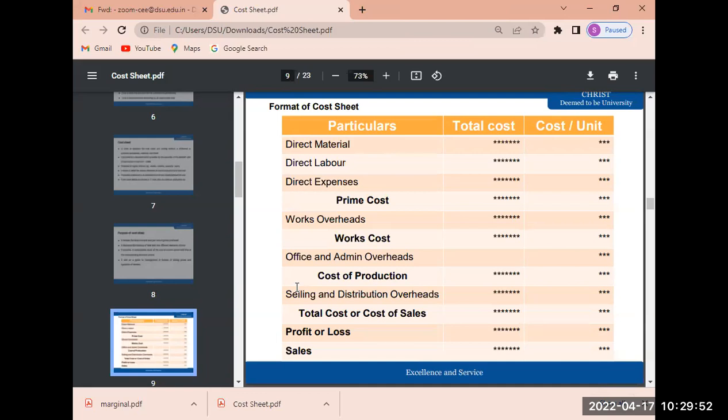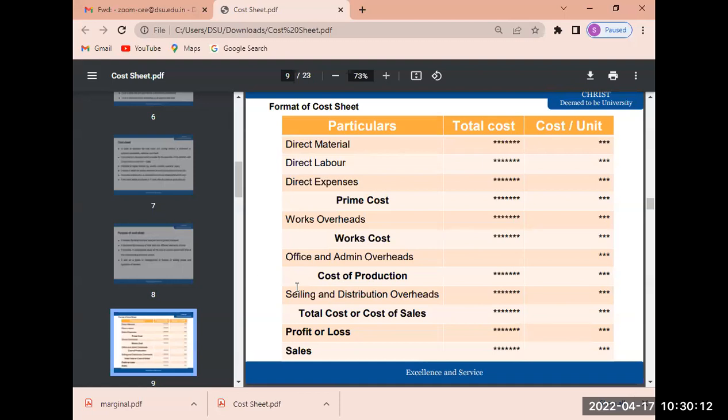Then if you add the admin overheads to the work cost, you will get the total, which is called cost of production. Then selling and distribution overheads are added. We will call that cost of sales or cost of goods sold. On that, the profit your company is expecting is to be added.